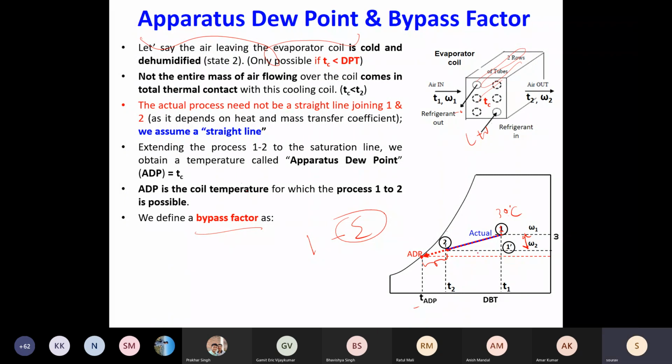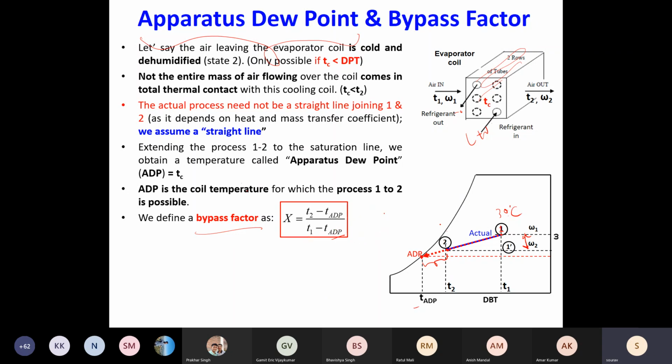They mean one and the same thing. I think one of the questions in your lab, the third experiment on air conditioning, was what is the bypass factor of the coil. What is the ADP bypass factor of the coil? So now you should be able to calculate that.